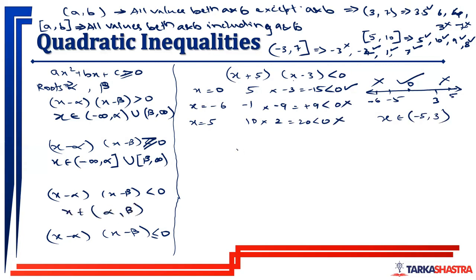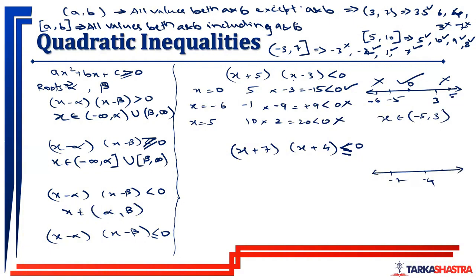Next case is x plus 7 and x plus 4 less than equal to 0. What we have? We have minus 7 and minus 4. We have plotted it on a number line.